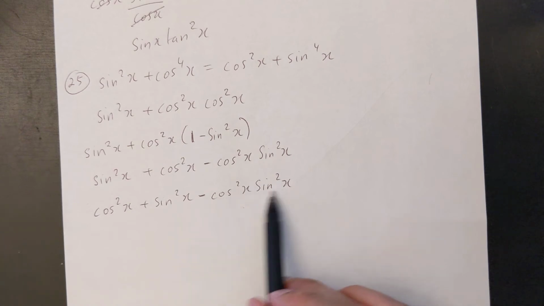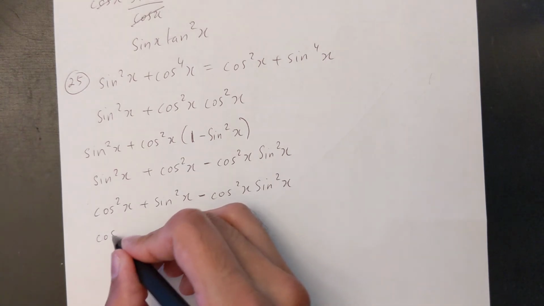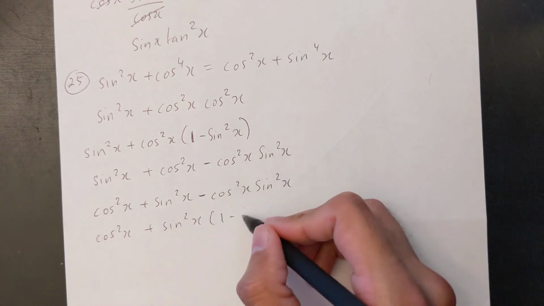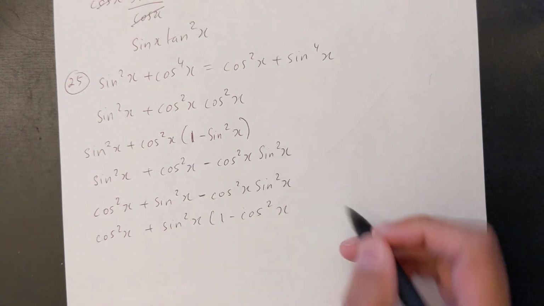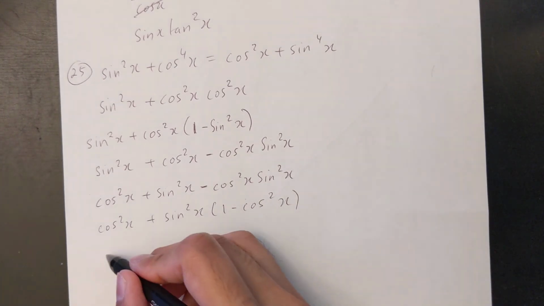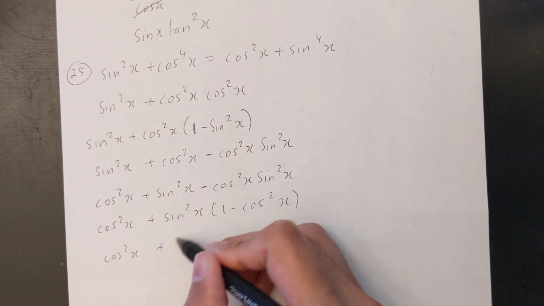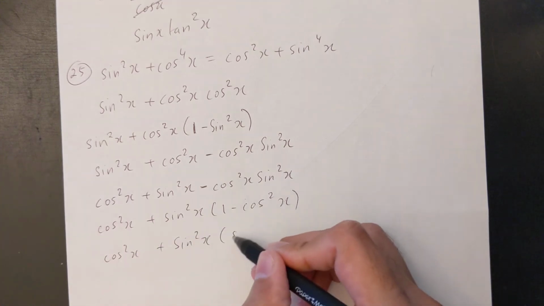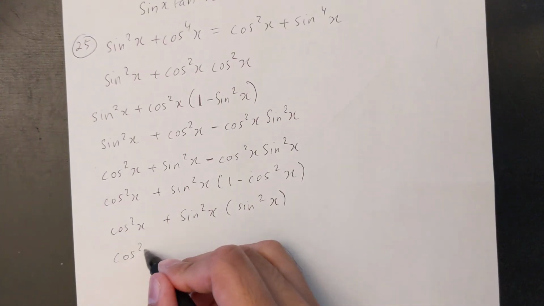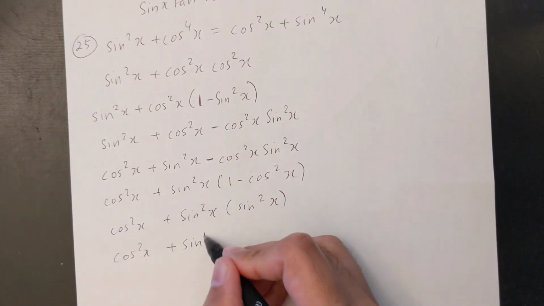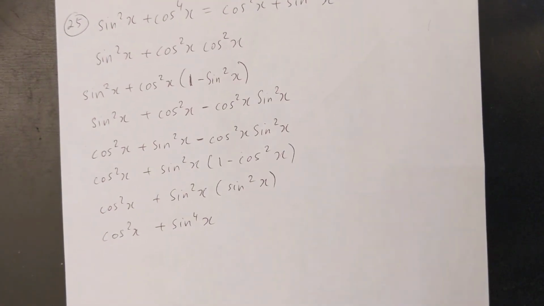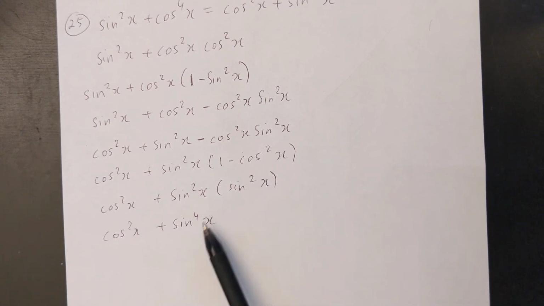Now to do that, I can common factor out sine square x over here, and I'm left with 1 minus cos square x. I know 1 minus cos square x can just be converted into sine square x, and then if I multiply these two, that's my final solution.